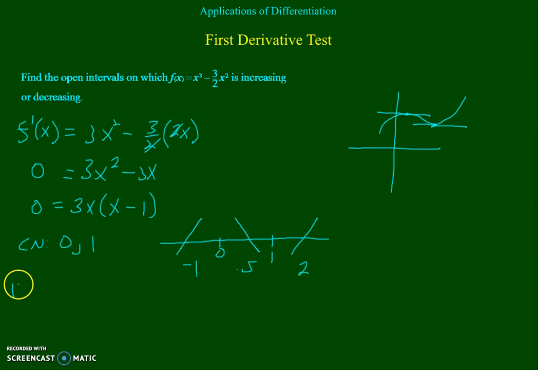So we're increasing on the interval -infinity to 0, non-inclusive, because at 0 it's constant, and on the interval 1, non-inclusive, to infinity. And the function is decreasing on the interval 0 to 1.